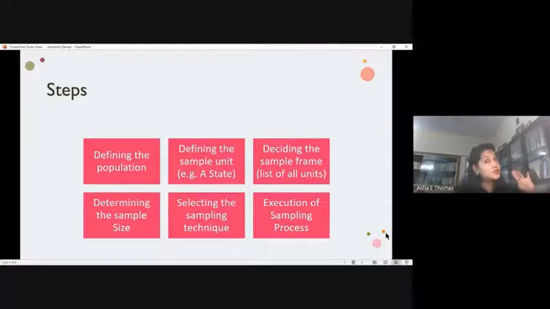That part is extremely important, because maybe I have a good topic and a good area for study, but if I have gone with a wrong sampling design and plan, maybe I will not be able to arrive at the right kind of solution, implications, or conclusion to that existing problem.